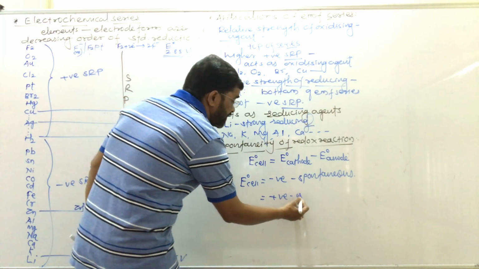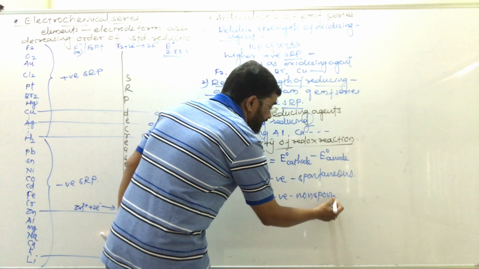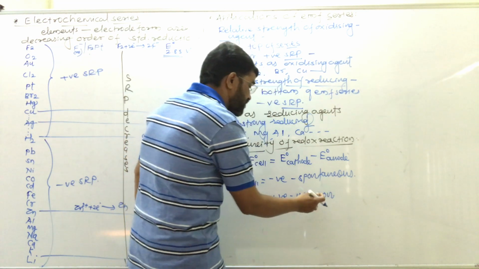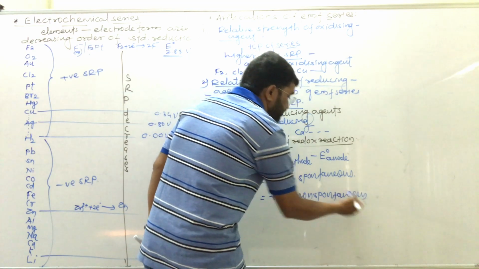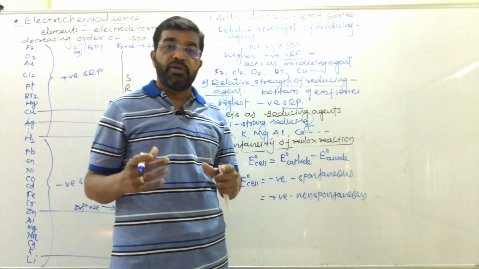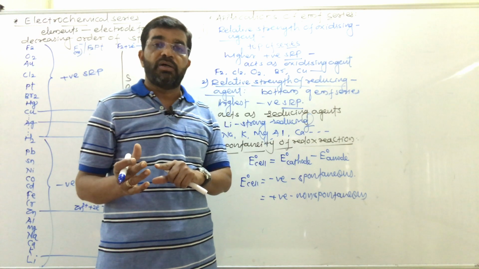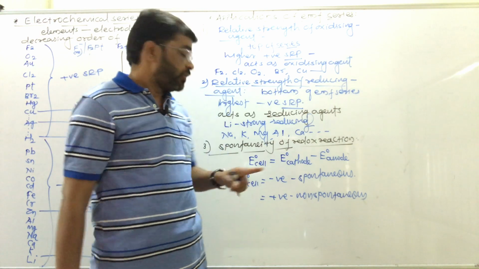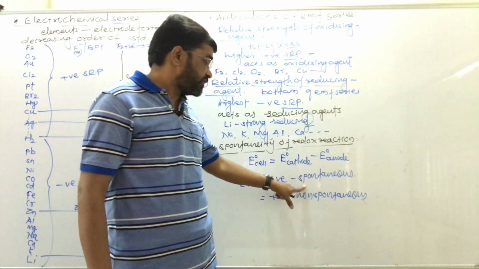If the standard cell potential is positive, then a non-spontaneous redox reaction takes place. Don't forget that. From the given standard reduction potential values of the cathode and anode, we have to find out the standard cell potential.